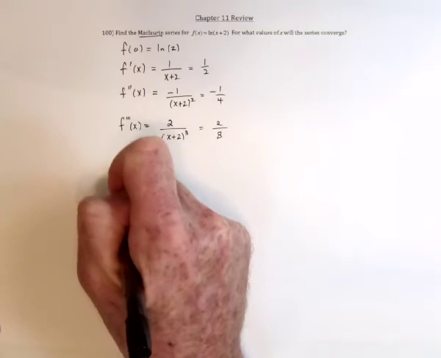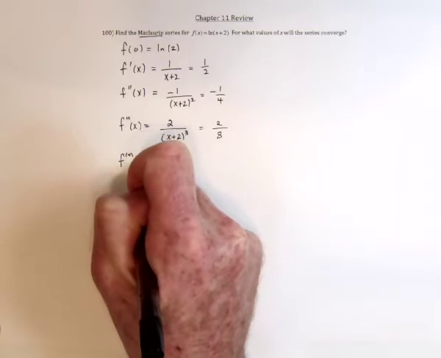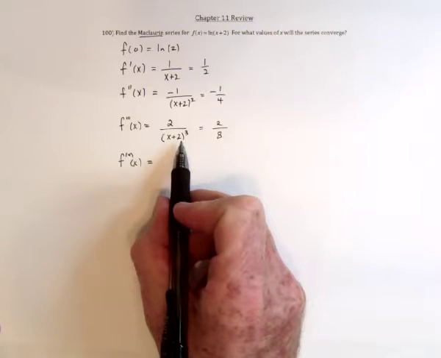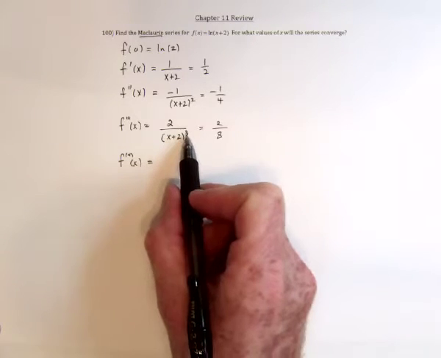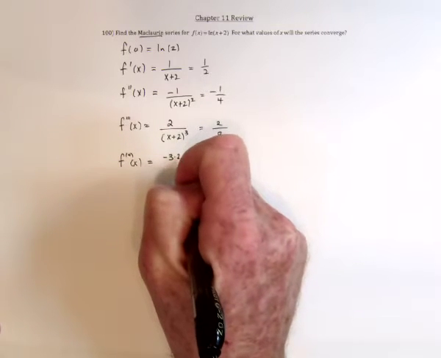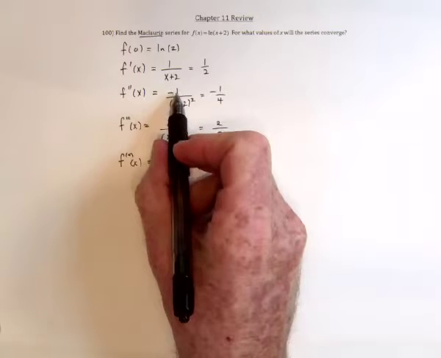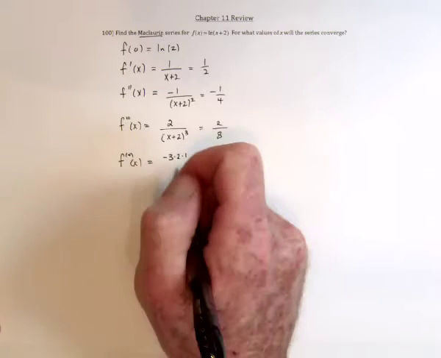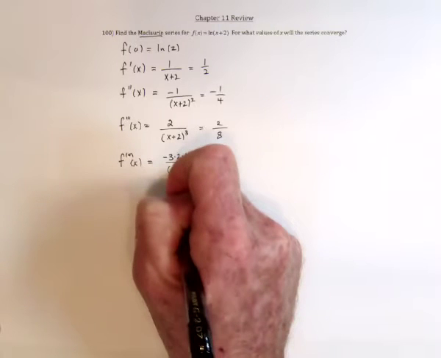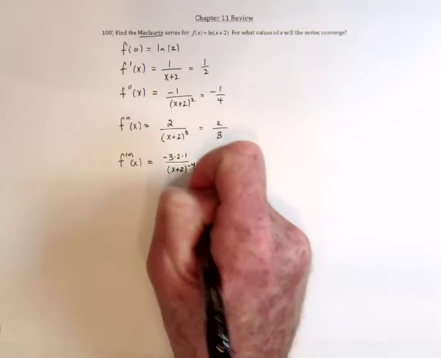And then for the fourth derivative, this would be x plus 2 to the negative 3. So if you bring that down, then we would have negative 3 times 2 times 1. Oh, it's getting to be a factorial. Then this would be to the negative 4, so rewrite that as x plus 2 to the negative 4.